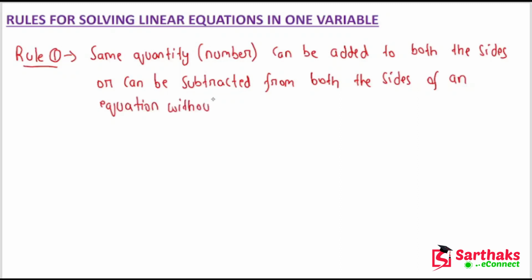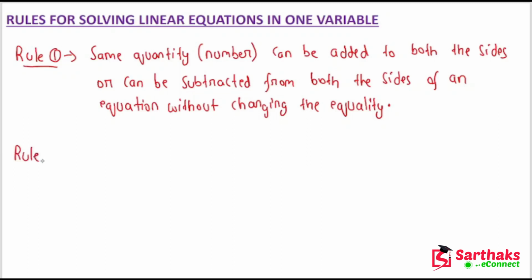That is the important part. It simply means that you can add 5 on both the sides, or you can subtract 3 from both the sides. If the variable is x, you can add 5x on both the sides, you can subtract 5x from both the sides. It should be the same. Either you can add on both the sides, or you can subtract from both the sides. So this was rule number 1.